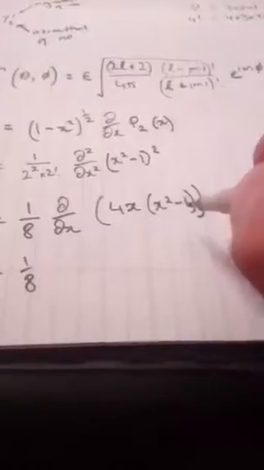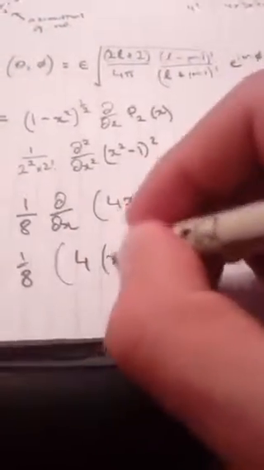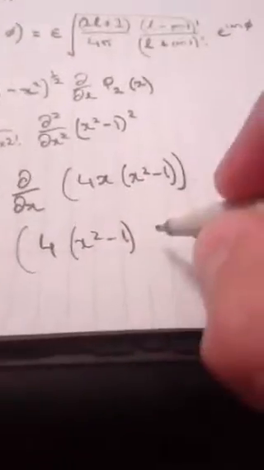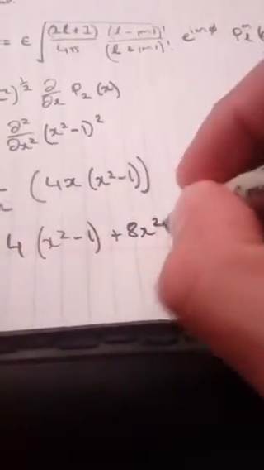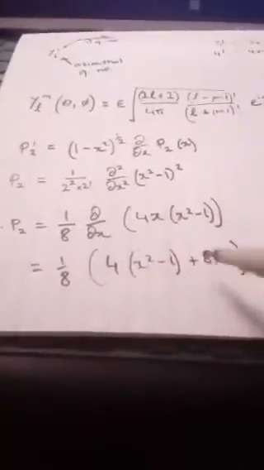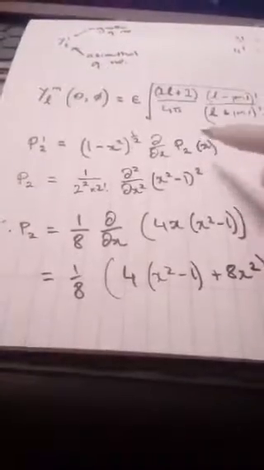Which equals 1 over 8, and then the derivative of that is going to be 4 times x squared minus 1, plus 8x squared.